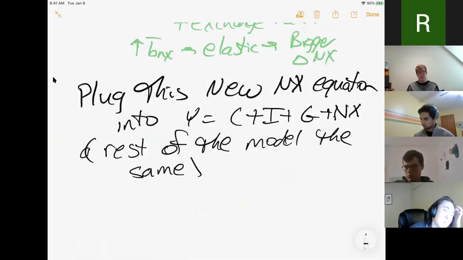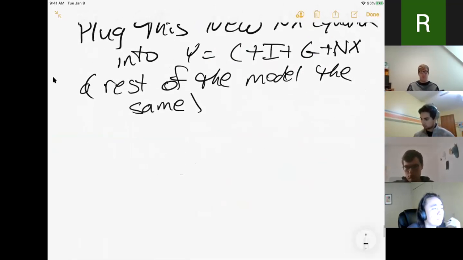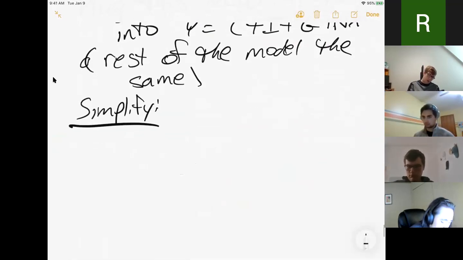The rest of the model is the same. Simplify. In the interest of time here, I'm not going to do all this algebra. But what do you get?